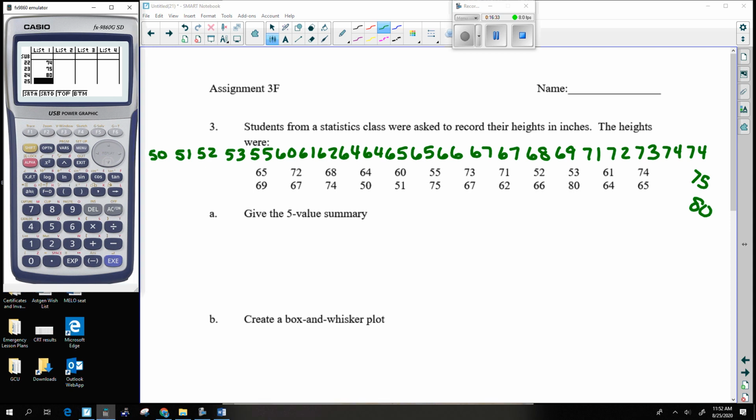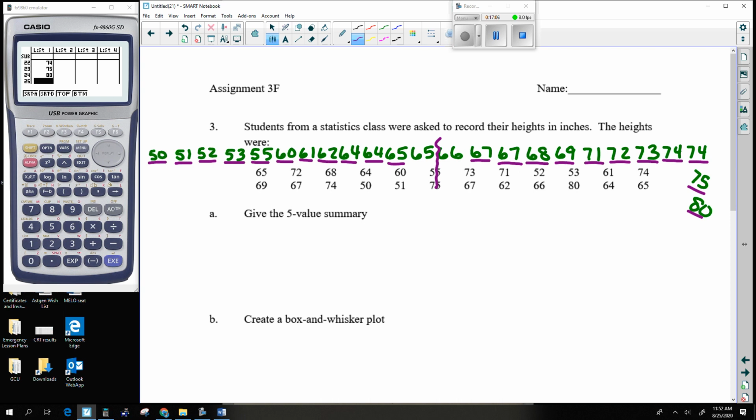Yeah, 80. Okay. So what I need to do is find my median. There are 24 numbers, so it should be in between the 12th and 13th number. So let's jump up to 10. 1, 2, 3, 4, 5, 6, 7, 8, 9, 10, 11, 12.